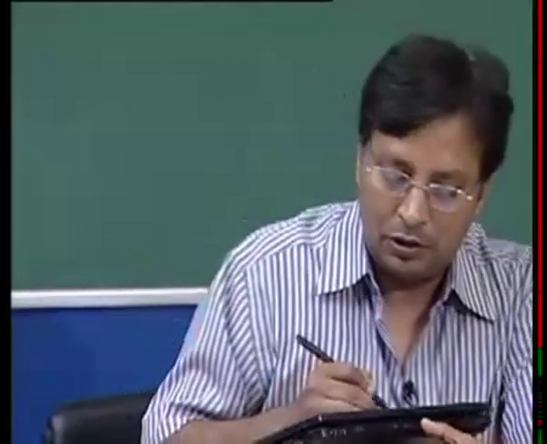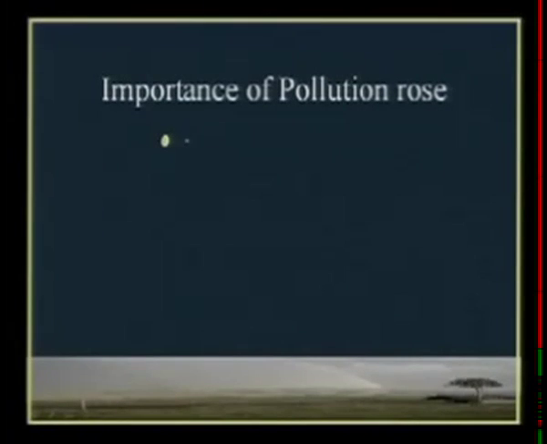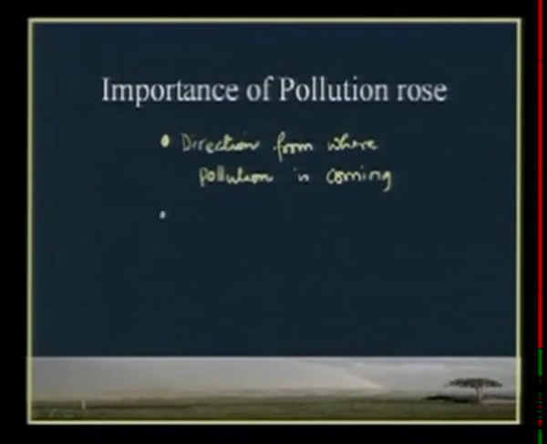So, the importance of pollution rows: it tells you the direction from where pollution is coming, and not only the direction, but to what extent the impact is.